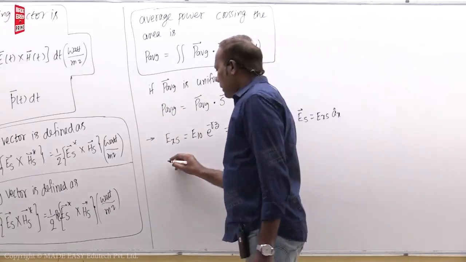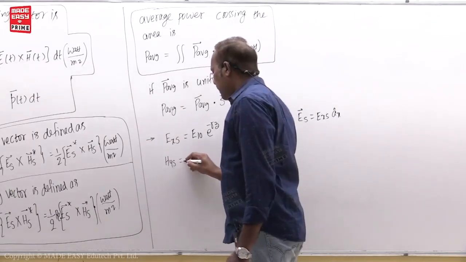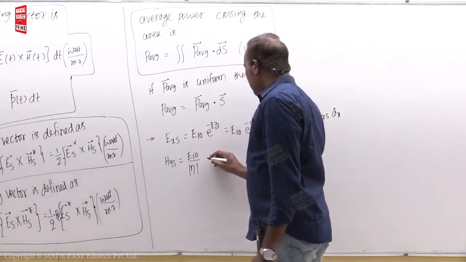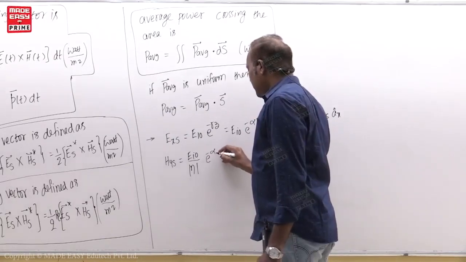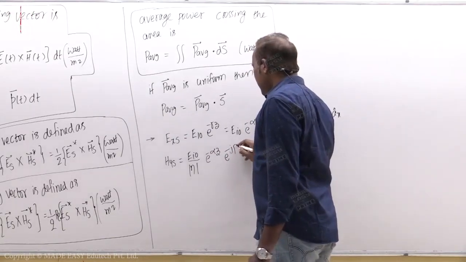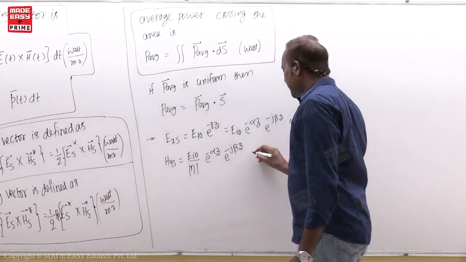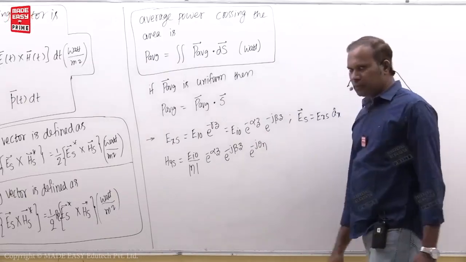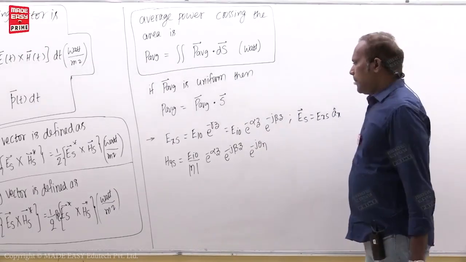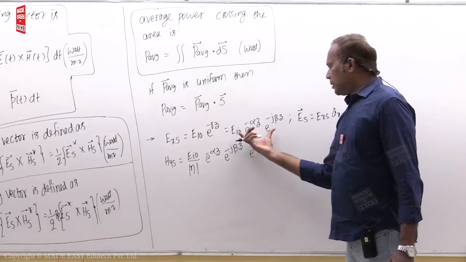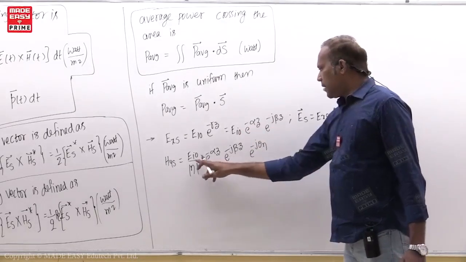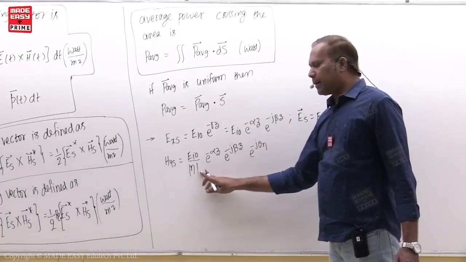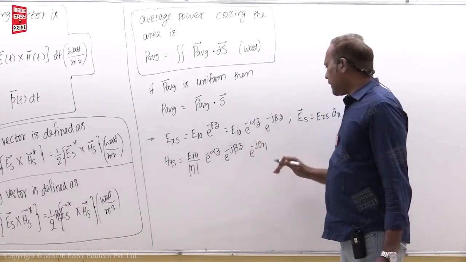And similarly, the magnetic field y component was E_I0 divided by modulus of eta. So that was e power minus alpha z e power minus j beta z, then e power minus j theta eta, it was in the phasor domain. Okay, so simply H_YS is nothing but E_I0 e power minus alpha z e power minus j beta z divided by eta. Eta means mod eta e power j theta eta, it comes to the numerator.